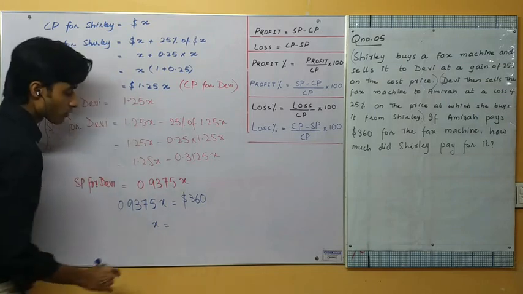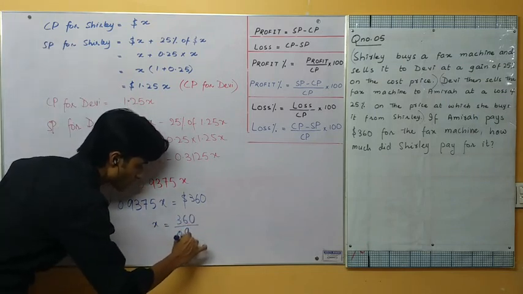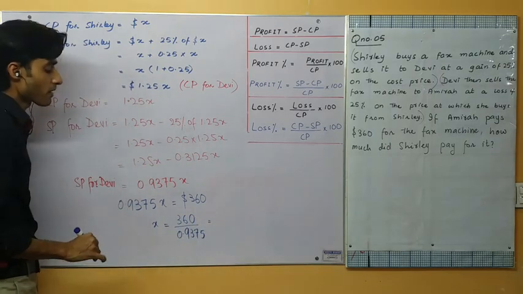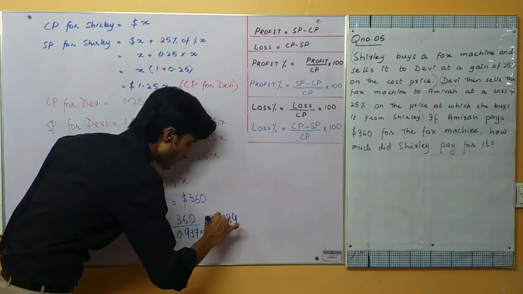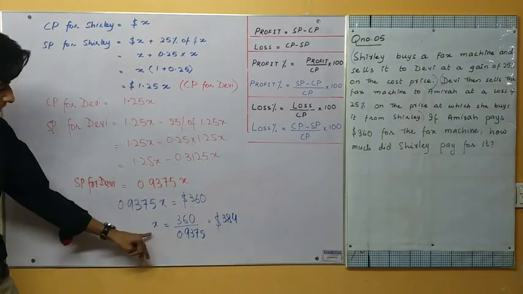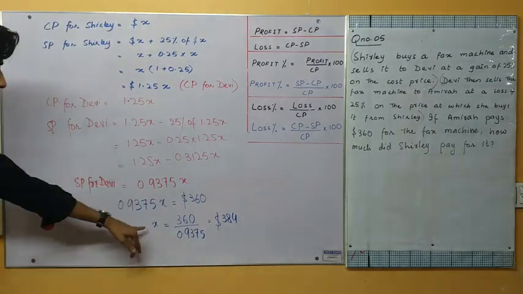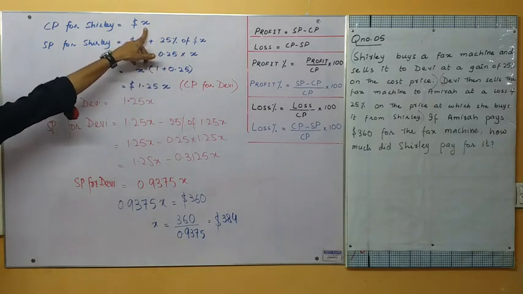From here, if I want to find the value of x, I'll divide 360 by 0.9375, and on performing the division, the final answer is going to be $384. So the value of x is 384, and what was x? x was the cost price at which Shirley had bought it.